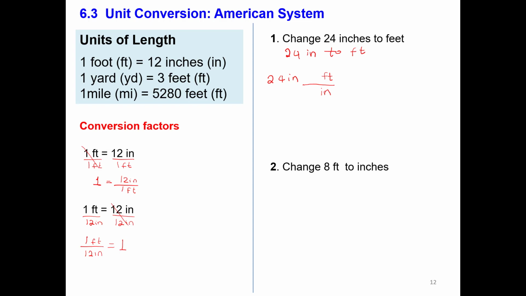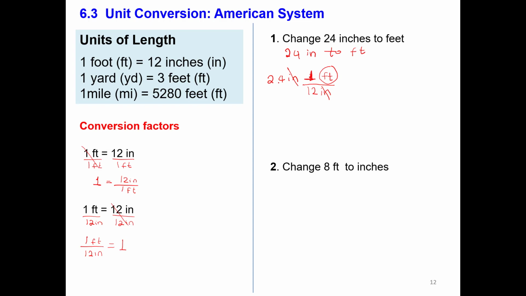In this case we use 1 foot equals 12 inches. This is the right conversion factor because the inches cancel out and we have finally the unit we want, which is feet.